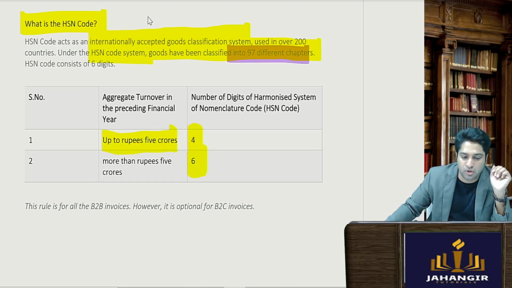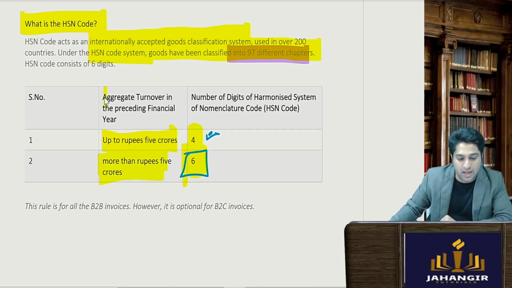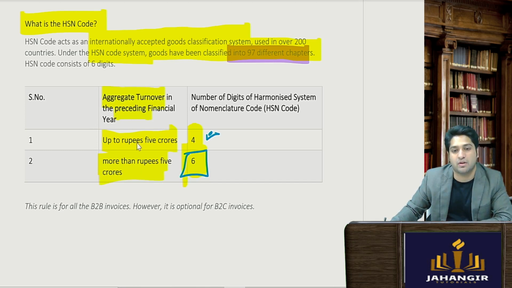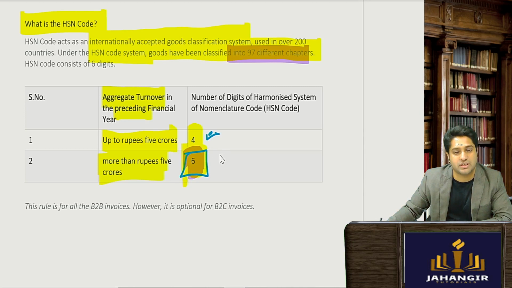So HSN code is of 6 digits, but if you're a small dealer, up to 5 crores, then you just have to show 4. If your aggregate turnover in the past year is more than 5 crores, then you have to show all the 6 digits of your HSN code.